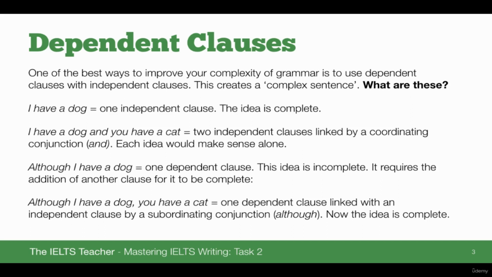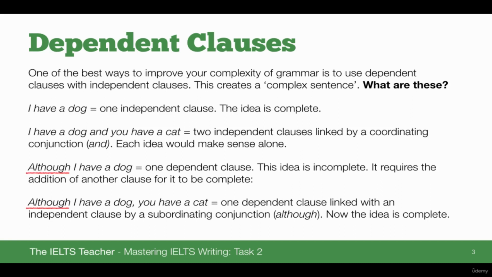Here the independent clause is you have a cat. And these clauses are linked by a subordinating conjunction. In this case, that conjunction is although. Now the idea is complete. Although I have a dog, you have a cat. Complex sentence. So the key word here, which turns this into a complex sentence, is although.